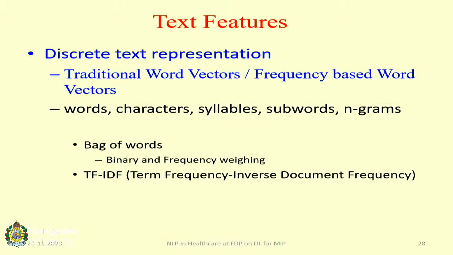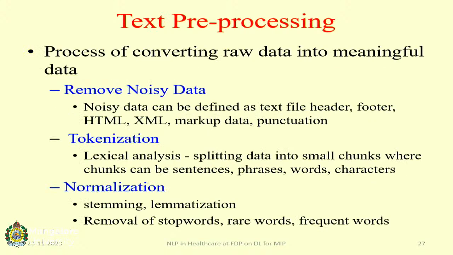For example, let us consider this as one sentence: Process of converting raw data into meaningful data. This is a text. If you consider word unigrams, uni means one: Process, of, converting, raw, data, into, meaningful, data. So you will have 8 words.